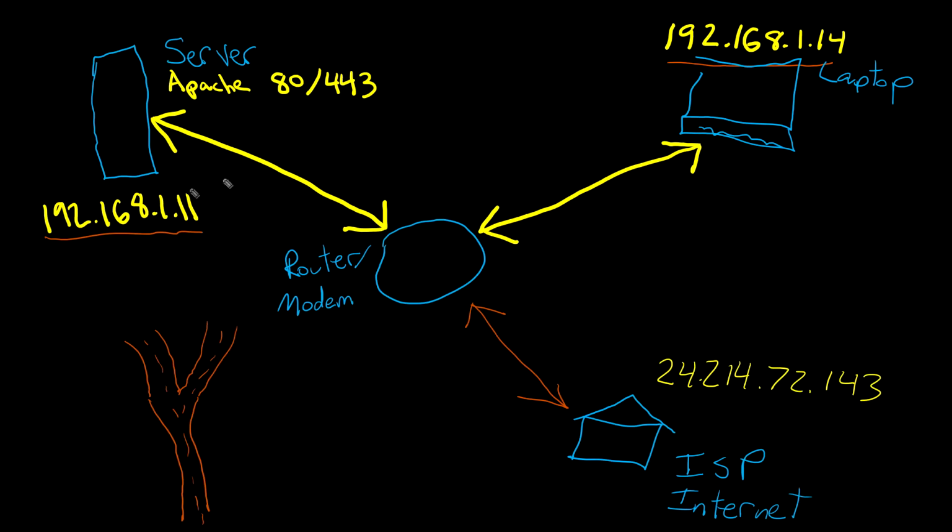Now, if you remember in my earlier tutorial, whenever I typed in on my laptop the address to the server, it went to the server. So the next step to getting your server publicly accessible is to do the same thing with this address. You would go to http://24.214, etc., just the rest of this IP address.